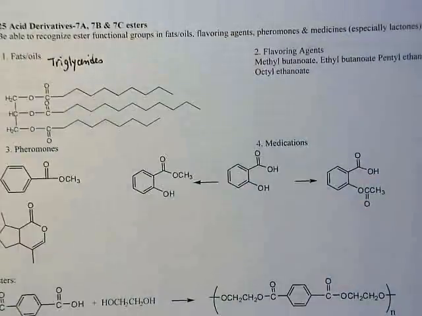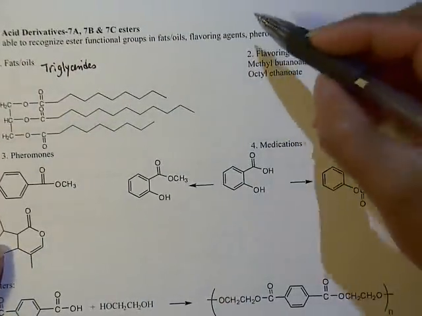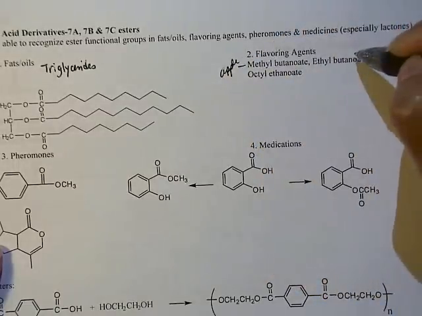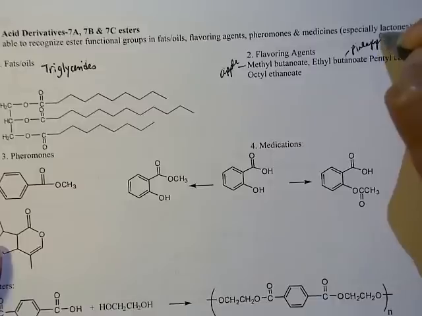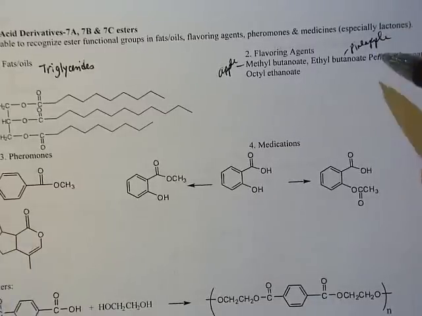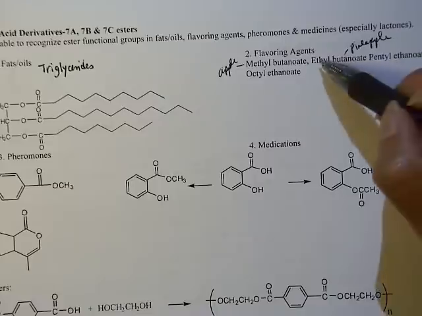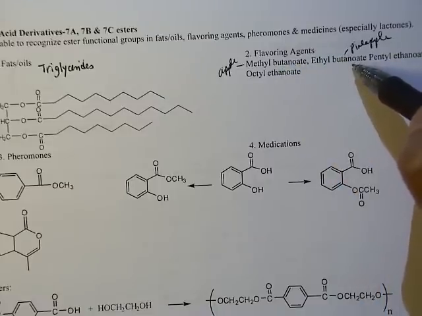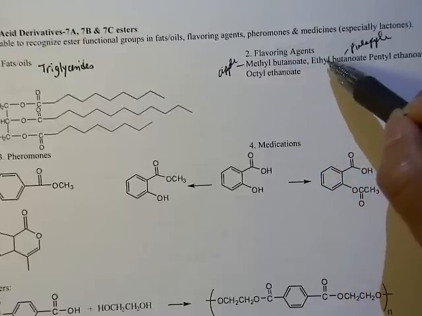For example, methyl butanoate is an apple flavor, ethyl butanoate is a pineapple, and so on. If you look at the apple versus pineapple, there's only one carbon difference because they're both butanoic acid, and one has a methyl versus an ethyl R group.